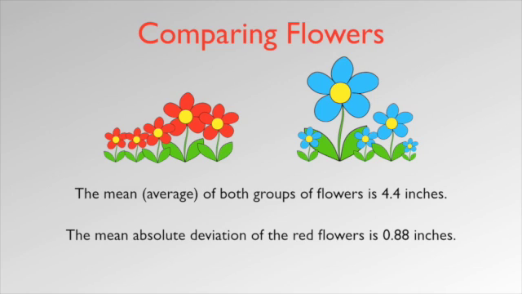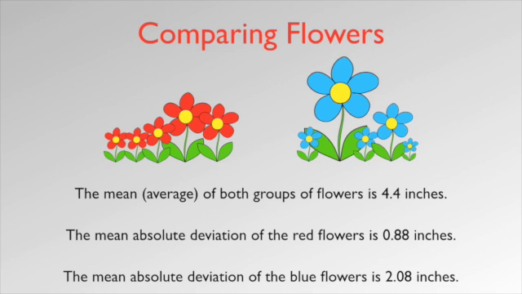Our red flowers ended up having a mean absolute deviation of 0.88 inches, while the blue flowers had a mean absolute deviation of 2.08 inches, telling us that the red flowers' heights are much closer together. They're much closer to the mean than the blue flowers' heights, which were much more spread out, as we can pretty much tell by the picture.